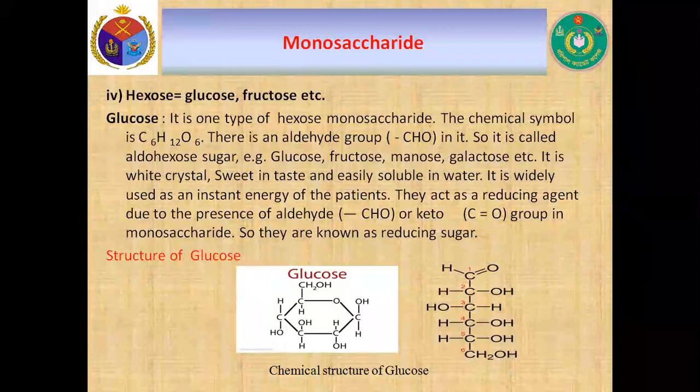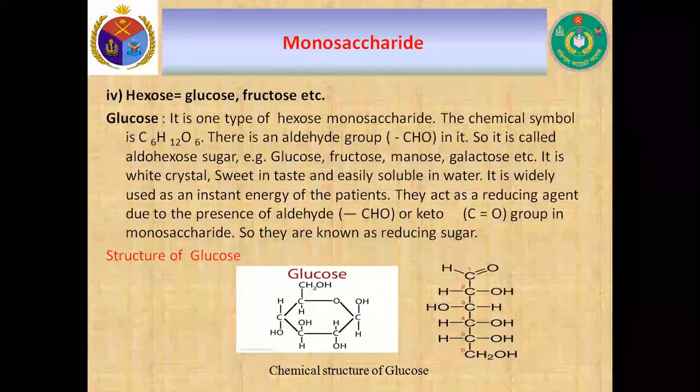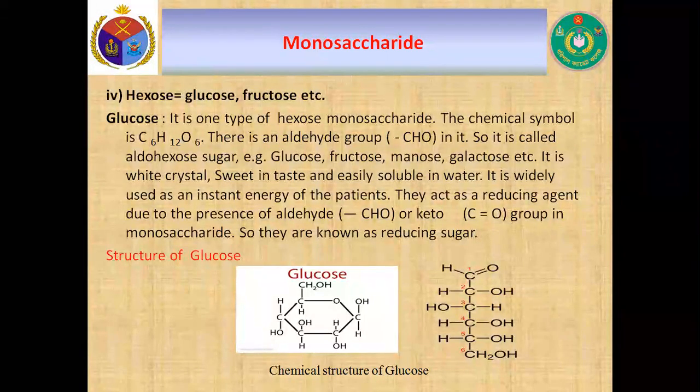It is white crystal, sweet in taste, and easily soluble in water. It is widely used as instant energy for patients. They act as a reducing agent due to the presence of the aldehyde group in the monosaccharide. So they are known as reducing sugars.